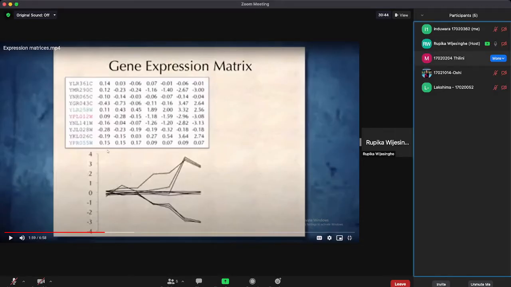It is not easy to see by plotting all the genes like this. So there we do the clustering, so that similar genes will be clustered together. There we can identify the genes that are behaving in a similar manner.